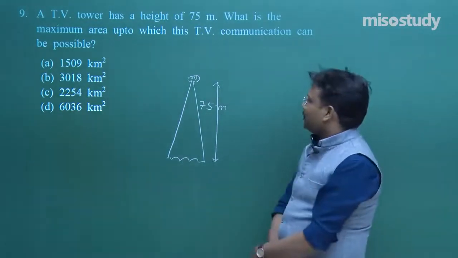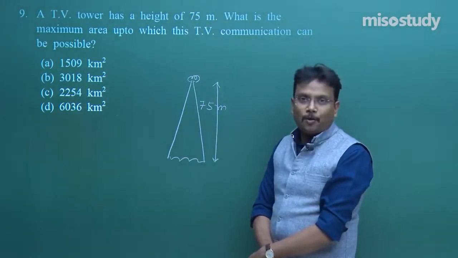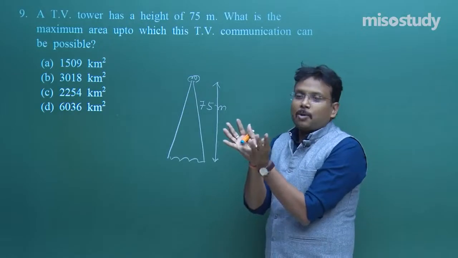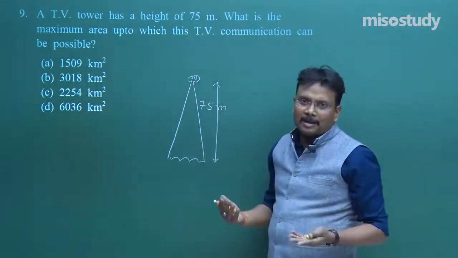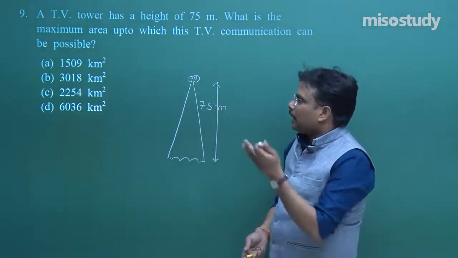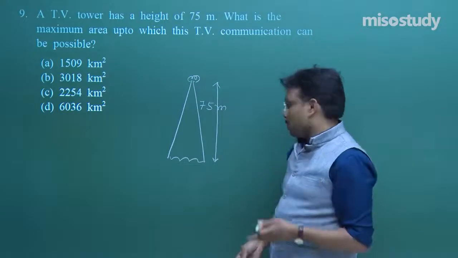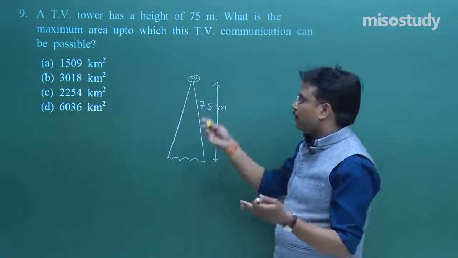Nowadays this is almost discarded, because now you have a digital set-top box at your home, a very small parabolic shaped antenna known as a dish antenna, and satellite communication. It was used like 10-15 years back. But the question is there, so let us find the correct solution of this problem.